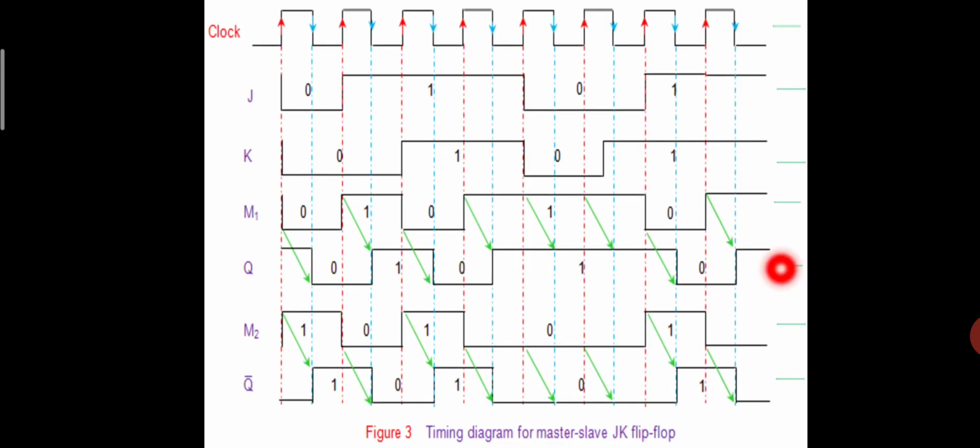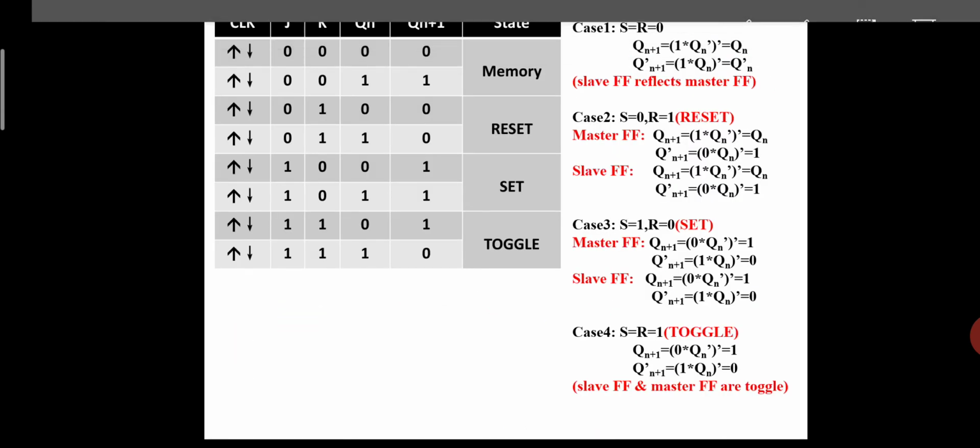Here is a block diagram, a timing diagram of the master slave flip flop. M1 and M2 are the outputs from the master, for certain JK inputs, and Q and Q bar are the slave outputs.